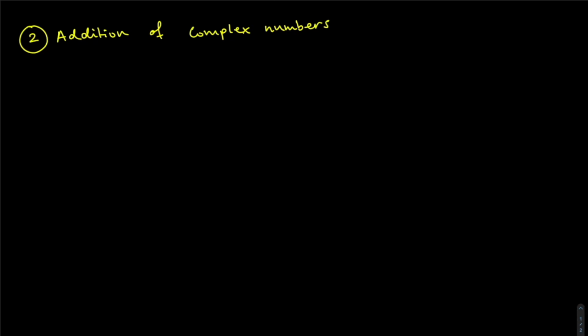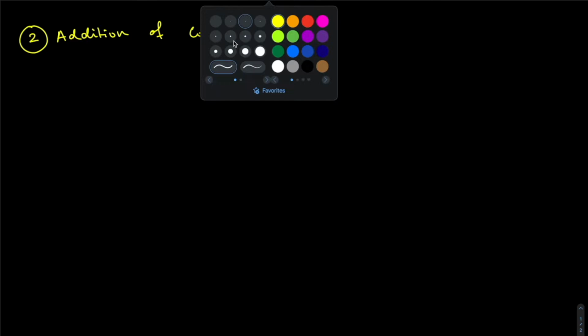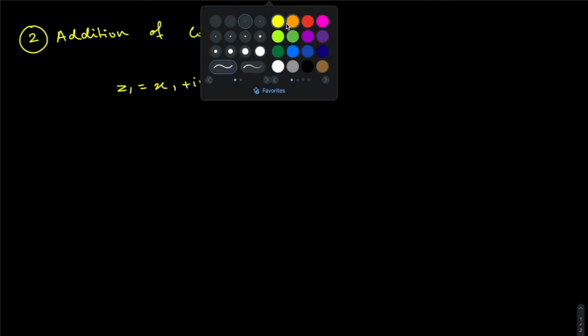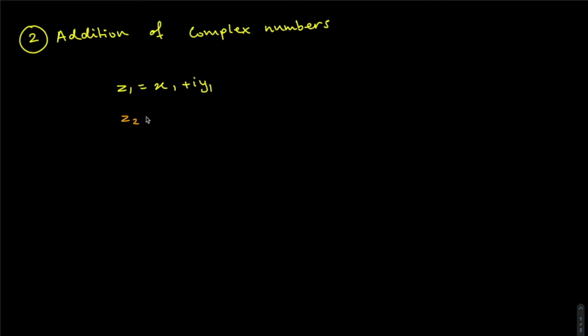Similar to what we did previously, we're going to add the real parts together, and we're going to add the imaginary parts together. I'm going to use the same notation here: Z1 in yellow, where we have X1 plus iY1, and Z2 in orange, Z2 is equal to X2 plus iY2.